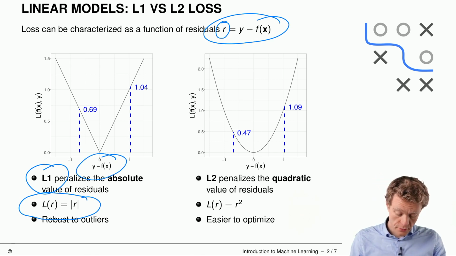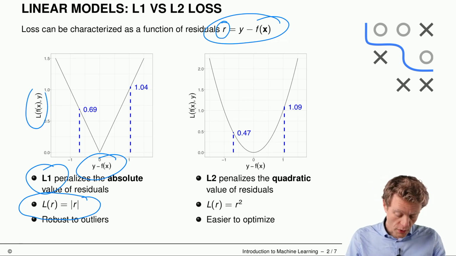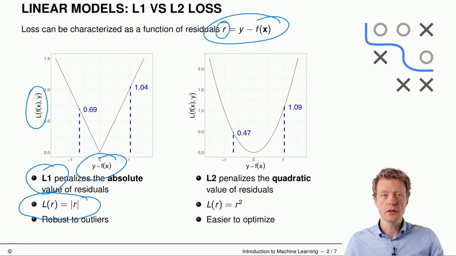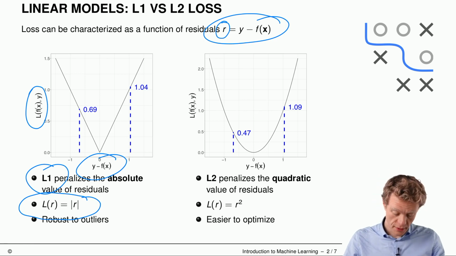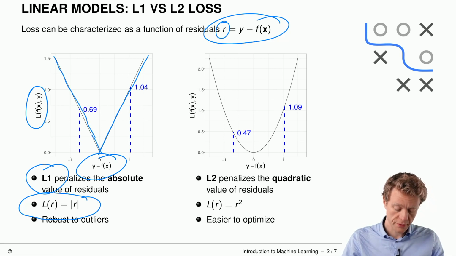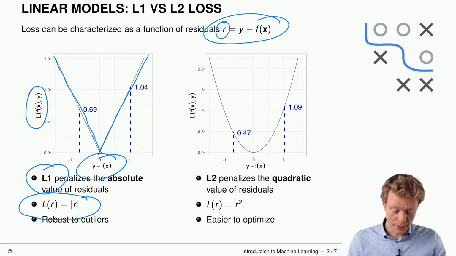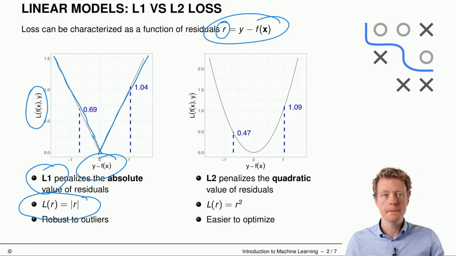You can see here a visualization of this. On the x-axis we have y minus f of x, which are just exactly the residuals. And on the y-axis we have the loss. In this case, the loss is just this function, which is also called check function or pinball function, which is just a function of absolute values. 1 goes to 1, minus 1 goes to plus 1 as well, of course.